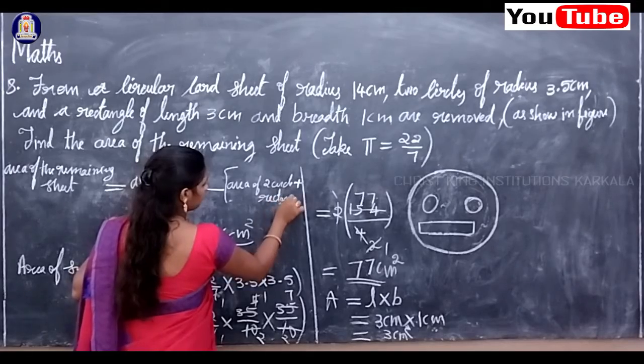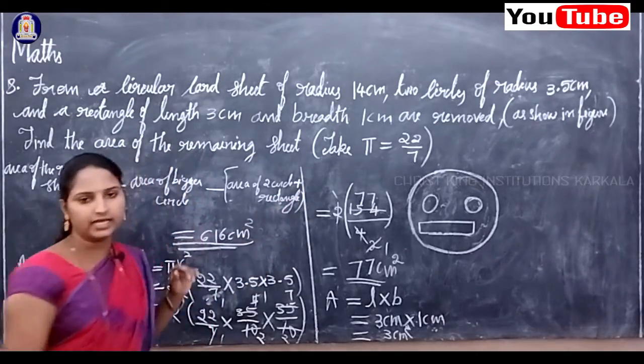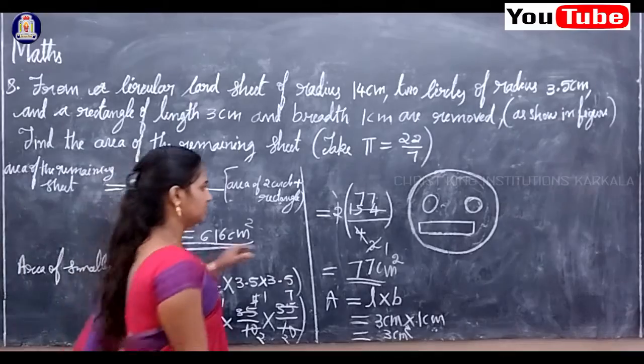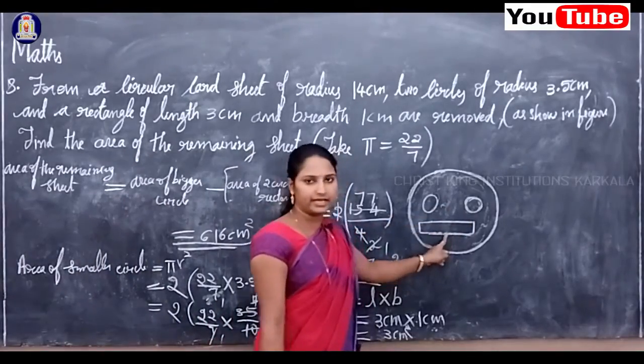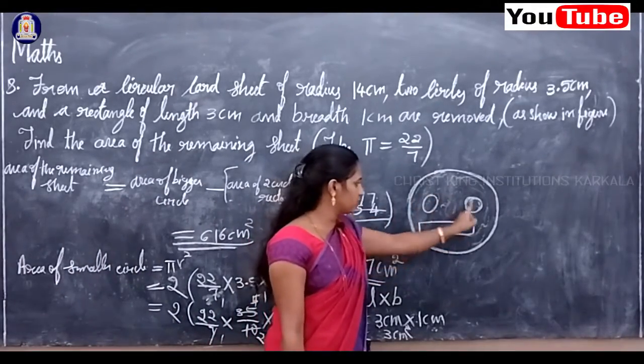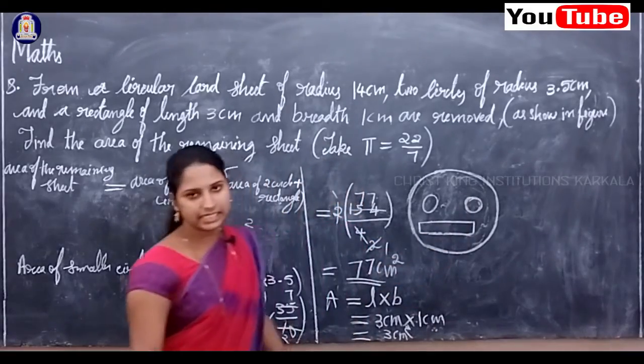Okay, two smaller circles and one rectangle. Clear? So these two you have to add, two circles and one rectangle. From the large circle we want to remove these two circles and the rectangle.